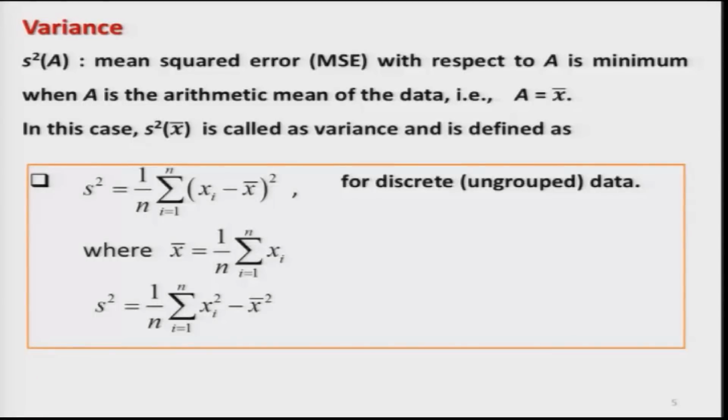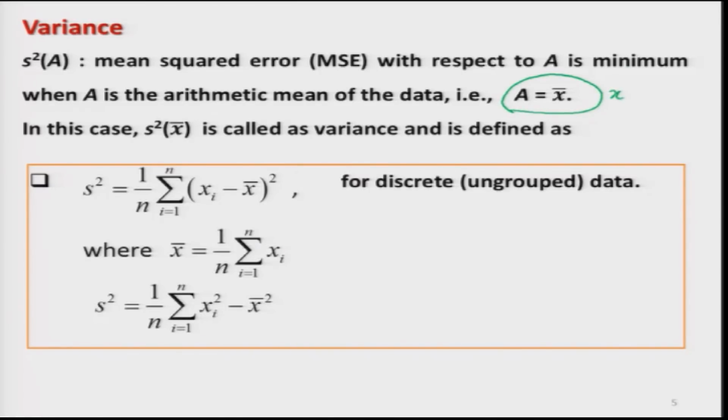So, now what I will do? I will replace capital A by x bar, which is the sample mean or the mean of the observations. I simply replace A by x bar.